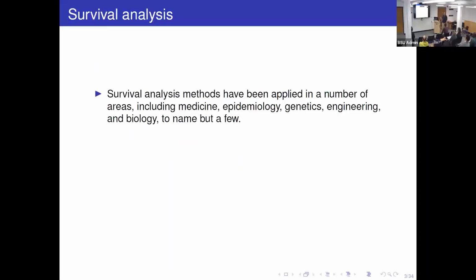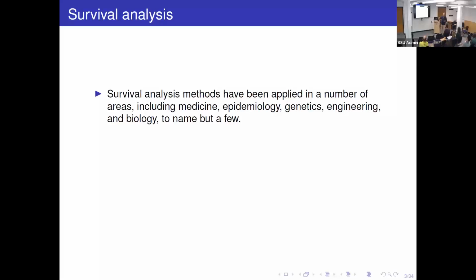Okay, so as you know, survival analysis has been applied in many areas. It's one of the main branches of statistics. In my view, in real data applications, it has always been popular. But in academia, in methodology and theory, it has had ups and downs. A lot of research was done with flexible parametric and semi-parametric models.